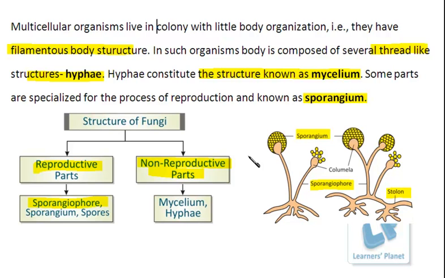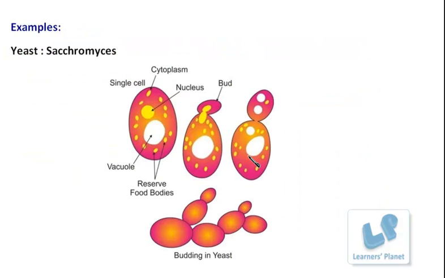Well, further, now I can give you some examples with pictures of both types, microscopic as well as macroscopic fungi. So this picture shown here is the yeast, and the specific example of this is Saccharomyces. Fine.